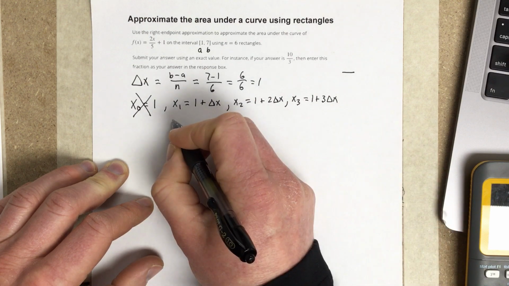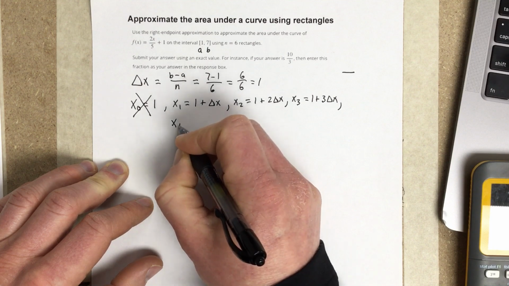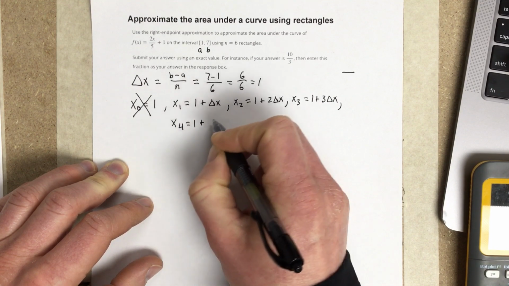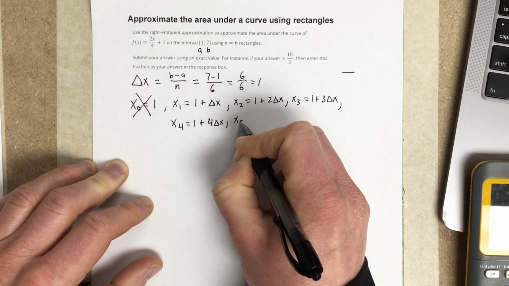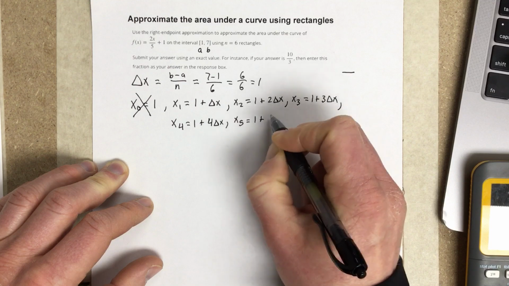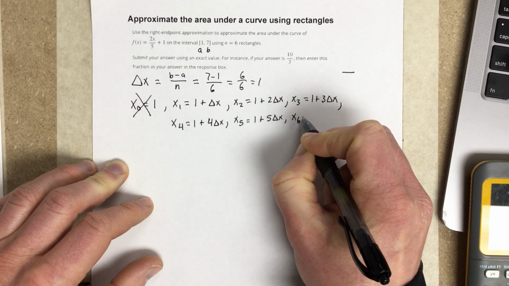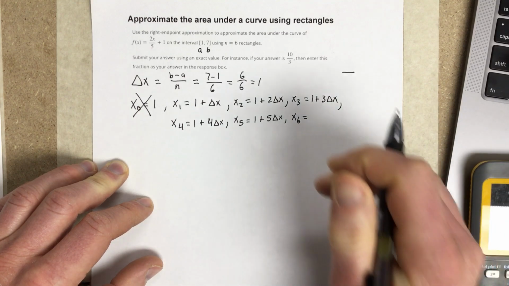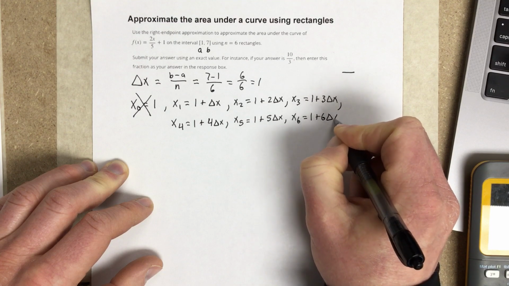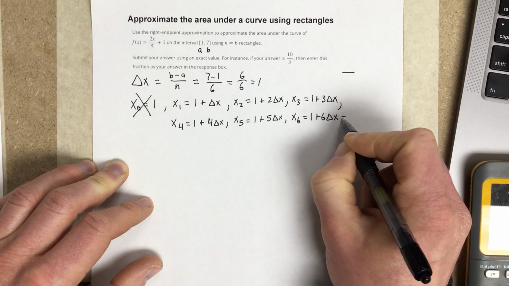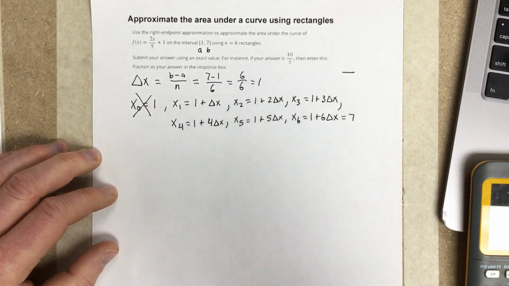We would want to do the same thing: x sub 4 is 1 plus 4 change of x. x sub 5 is 1 plus 5 change of x. And then x sub 6 is 1 plus 6 change of x, which is equal to 7. So this is our farthest right endpoint.